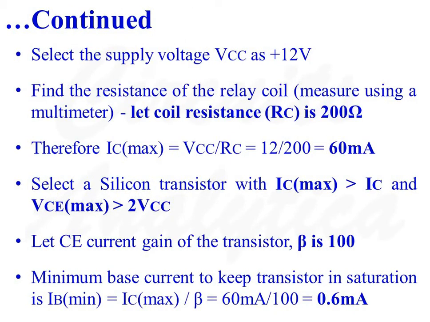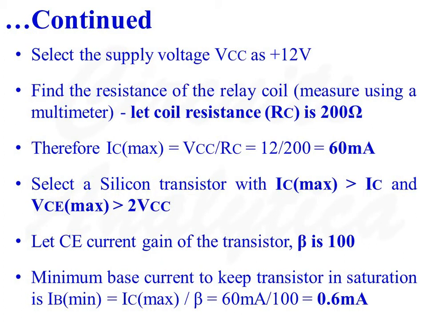Select the supply voltage VCC as plus 12 volt. Find the resistance of the relay coil using a multimeter. Let coil resistance is 200 ohms. So in this circuit, the collector resistance RC is equal to 200 ohms.